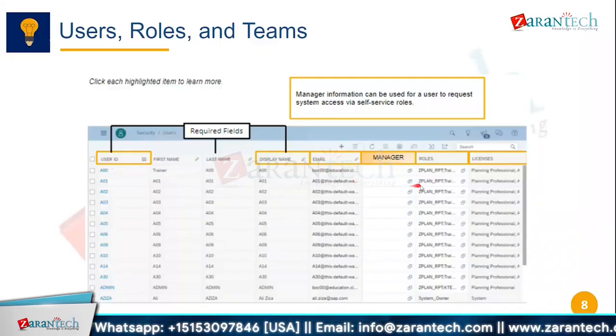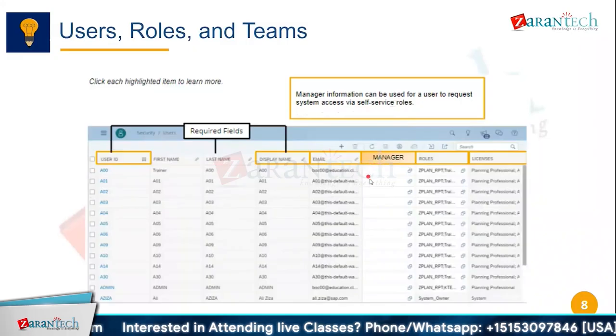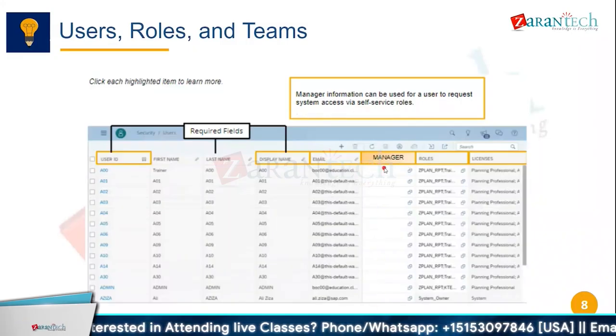The advantage is she will be able to give access to them. They can also request different roles and responsibilities within SAC, and Rajni would be able to approve it. So basically the manager will be able to approve any requests, role changes or authorization requests with respect to their subordinates. That's the advantage of having the manager field. It is optional in case you have a team.